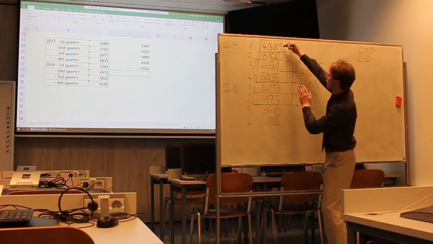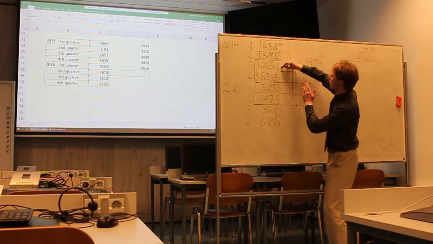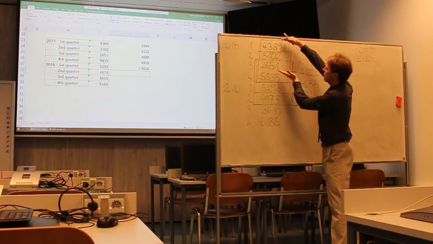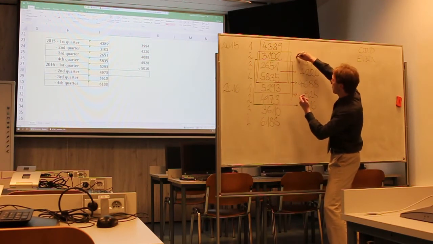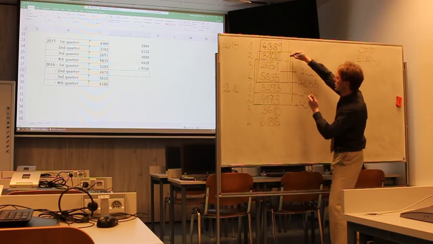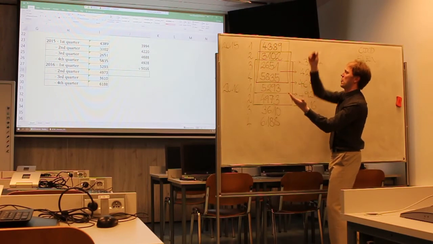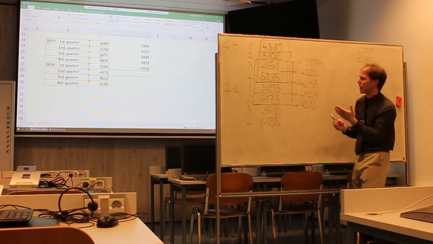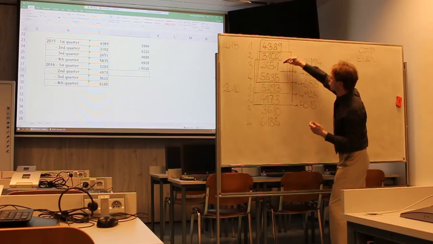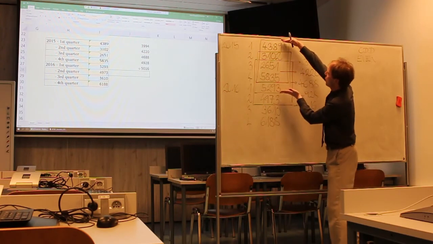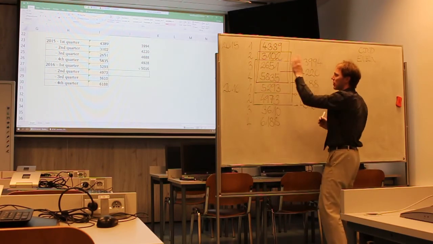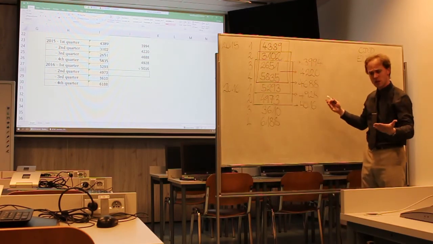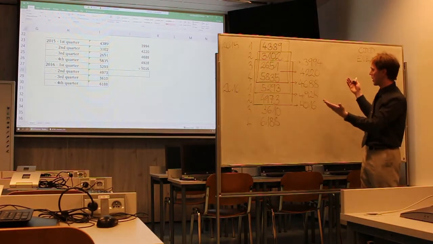So there is the first value, second value, third value, and the result of the moving average of length 3 will be placed on the position of the median. If we calculate the moving average with the length 5, summation of these 5 values, the median is here on the third position, there will be written the result, and this will be the end.